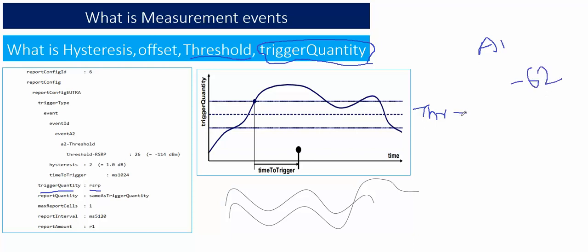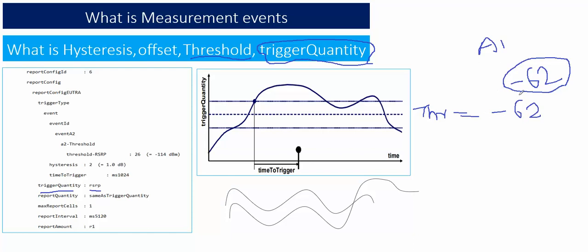Suppose its threshold is set to minus 62 for A1. We all know what the A1 event is: A1 event means serving becomes better than the threshold. So if we set one threshold and it is reached, the A1 event is triggered.